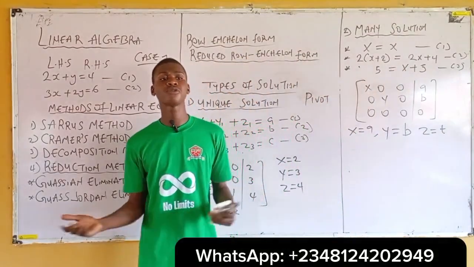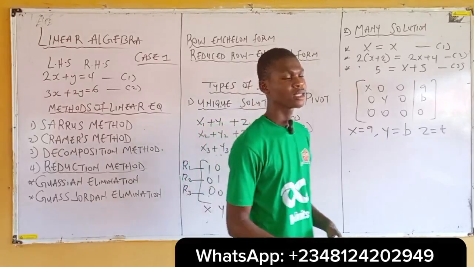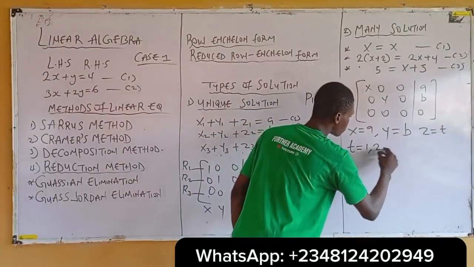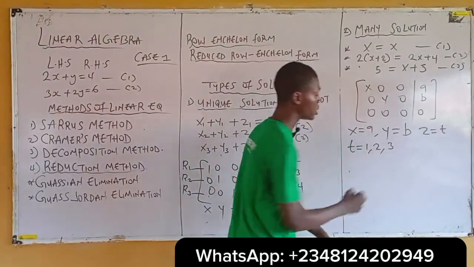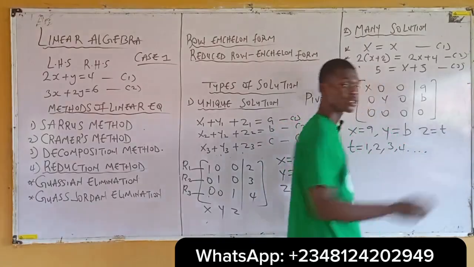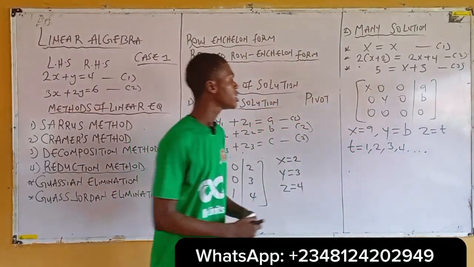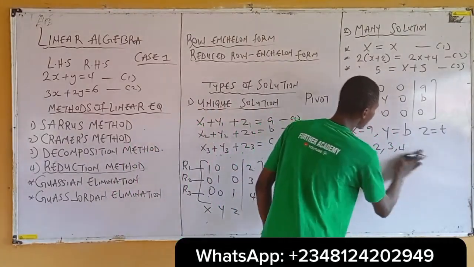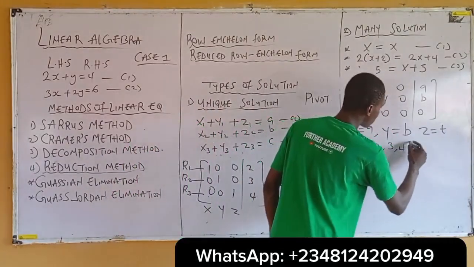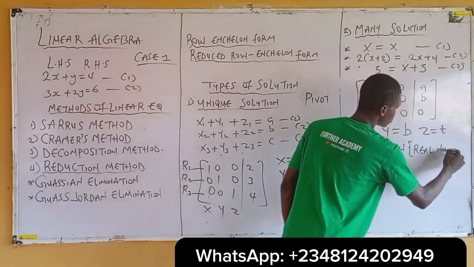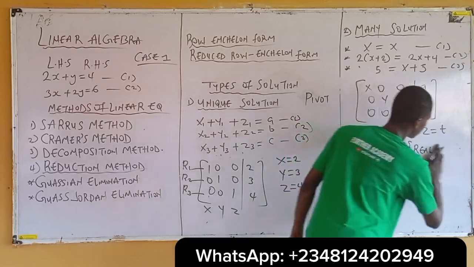When we say parametric variable, meaning real numbers, t can be equal to 1, it can be equal to 2, it can be equal to 3, it can also be equal to 5, and continuously. Let me just say t can be equal to 1, 2, 3, 4 in brackets, real numbers. Any question on that?